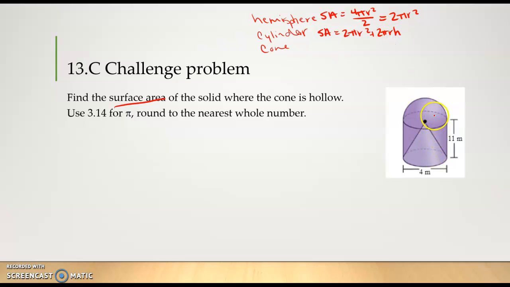But here, the top base is covered by the hemisphere, so we don't need it, and the bottom base is open because that's the opening of the cone. So we don't need the 2 pi r squared. We just need the 2 pi r h because that's our lateral area.